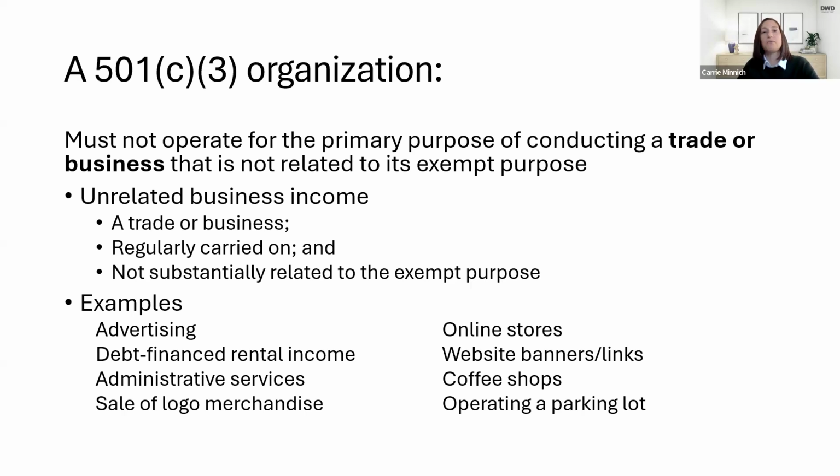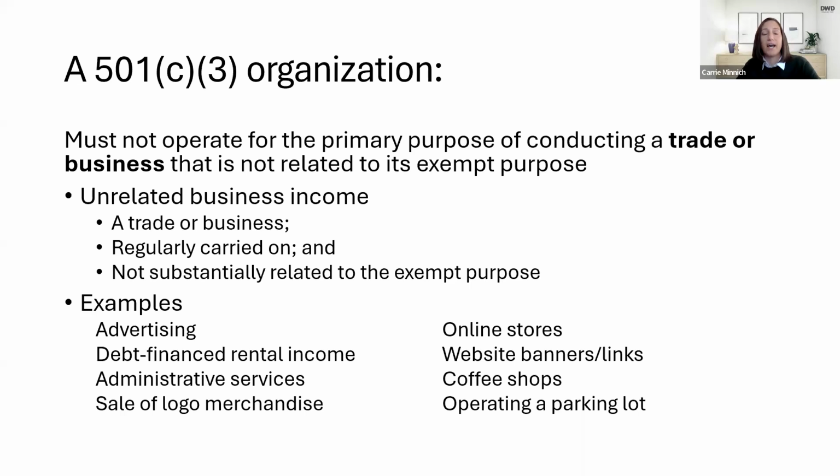It's just an additional source of revenue that they have and something that they offer to people that come to their organization. In this instance, that coffee shop would likely be considered unrelated business income activity because it really has nothing to do with their main purpose, their exempt purpose. It's a business, it's generating revenue, and it's regularly carried on.